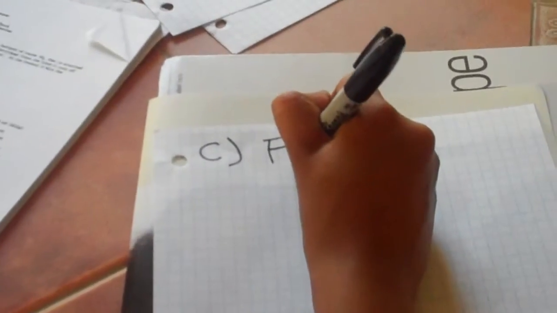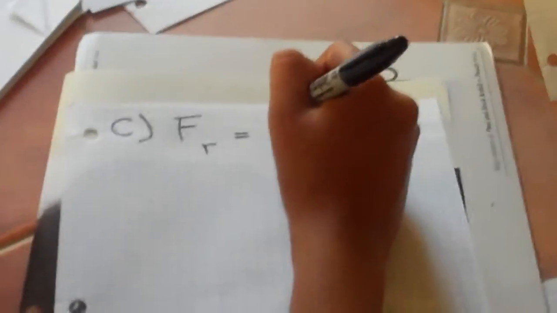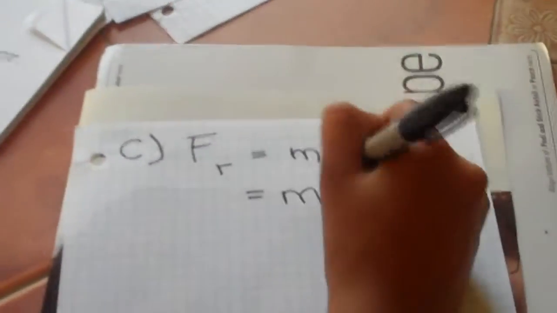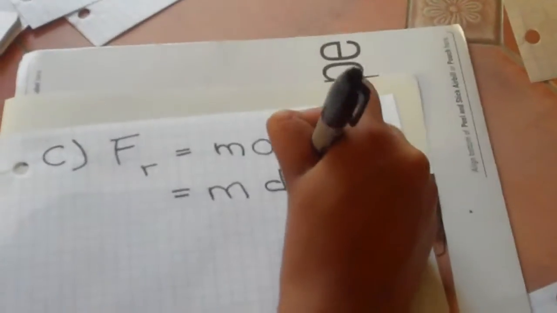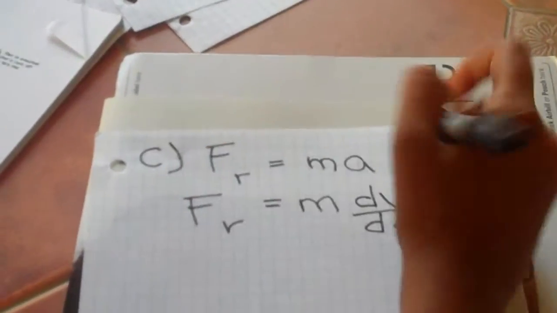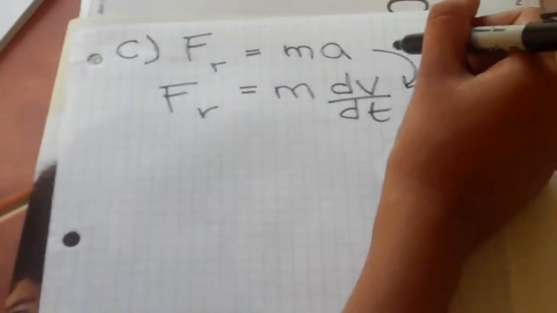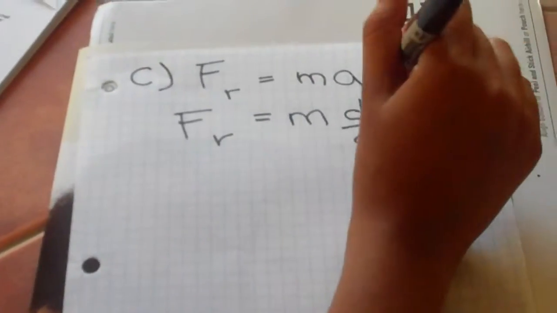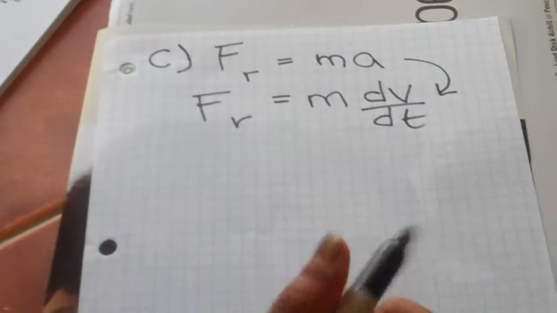Okay, so what we're given is F retarding, which we're going to denote here as Fr, is equal to ma. This is Newton's second law. But we can also say that m times dv/dt equals Fr, because a is the derivative of velocity. We do this change because we want our answer in terms of velocity, and that's also what we're given.